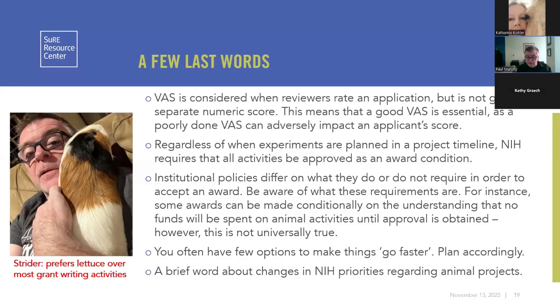And I will say one last thing about the changes in NIH priorities regarding animal projects, and then we can do Q&A. And that is, remember, they haven't really changed any of the regulations or rules for animal studies. What they've been making clear recently is that they're going to be more carefully evaluating things like the justification for the choice of your animal model and careful consideration of the alternatives.